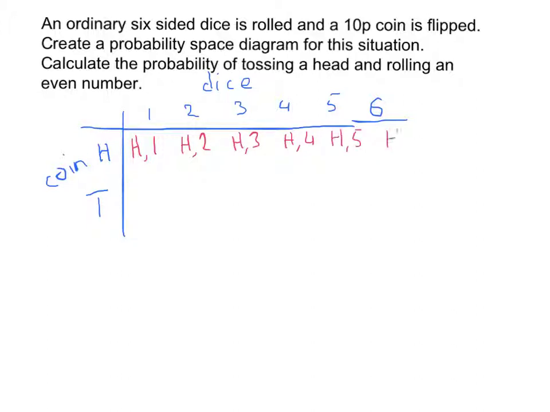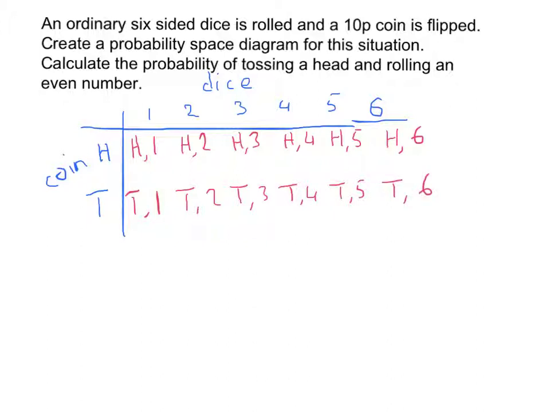And finally head 6. I do exactly the same thing for the tails. So tails and 1, tails and 2, tails and 3, tails and 4, tails and 5, tails and 6.